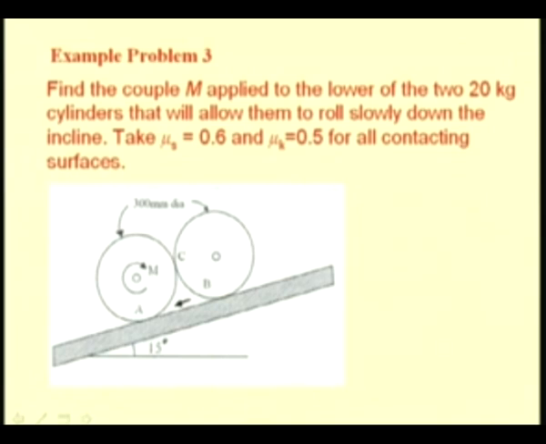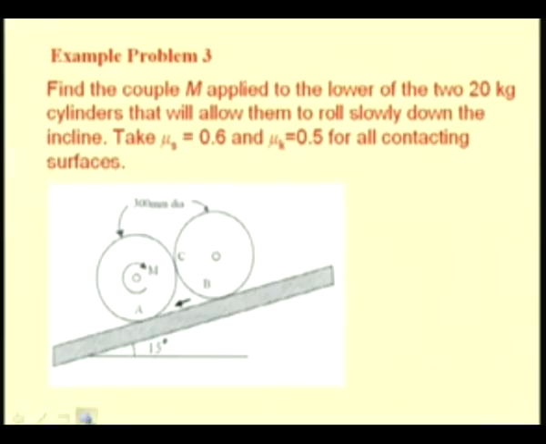So, at this point slippage is occurring, and since these rollers are moving slowly, we have to consider the coefficient of friction mu k, because it is not the impending motion case, but actually the motion is occurring. So, the frictional force developed at this point of contact is the kinetic frictional force.